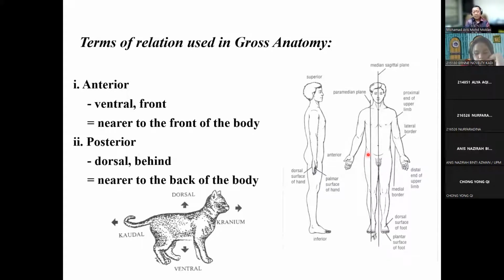All right. We're done with planes and also sections. I hope at this level, you'll be able to differentiate between plane and sections. Now, terms of relation used in gross anatomy: you have anterior and posterior.